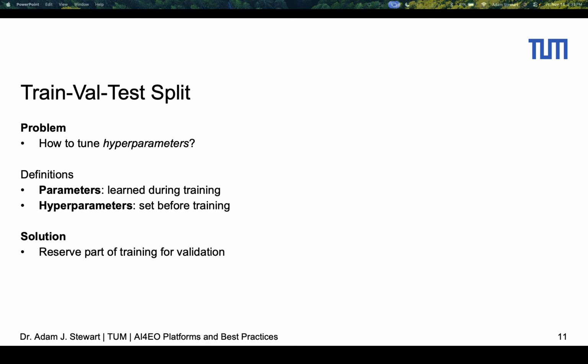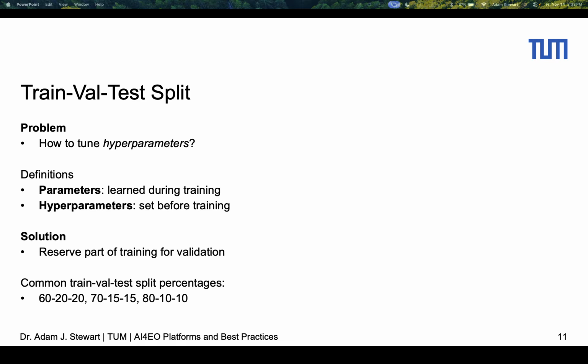And then there is a smaller validation split that we use to evaluate performance on this set of hyperparameters. We do that for all of our models, and then eventually we choose the one with the best results on validation. And then one last time, we evaluate performance on test to get a completely unbiased number that we can report in our research.